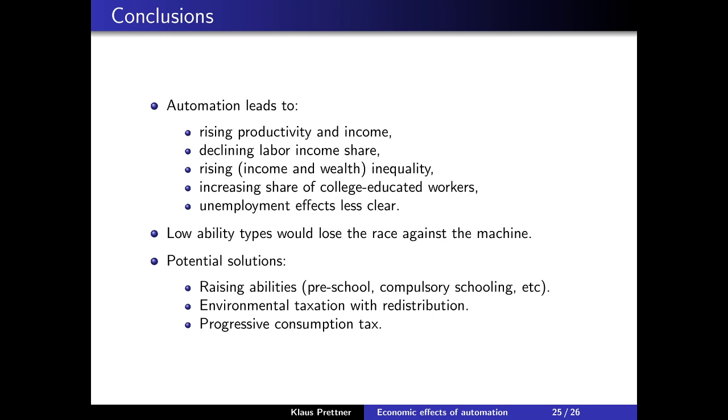Well, one such policy is definitely straightforward, and that is raising the abilities in the first place. So, for example, investing in preschool or compulsory schooling, which becomes more and more important in the age of automation, to increase the average ability level such that more and more people are enabled to obtain a university degree in the long run.